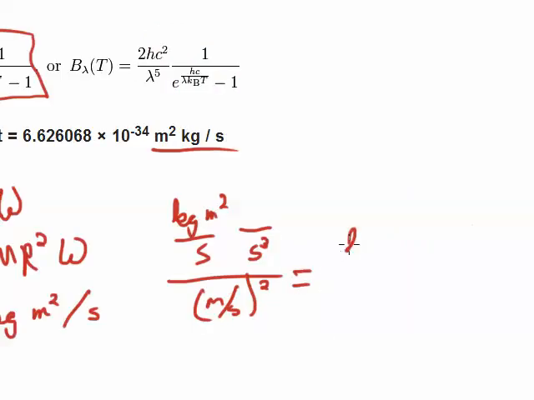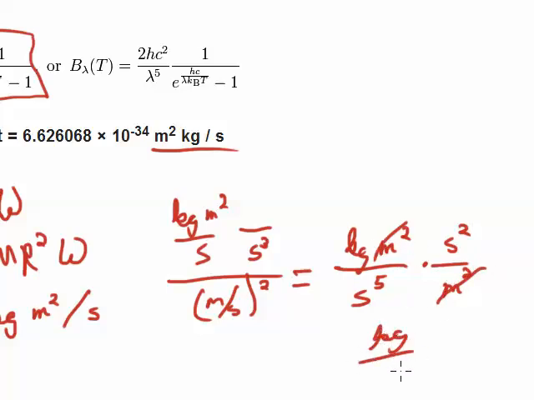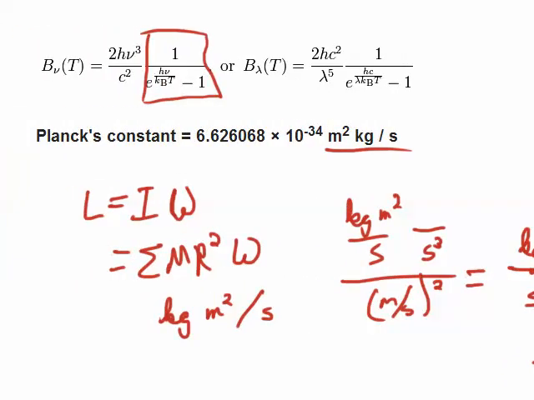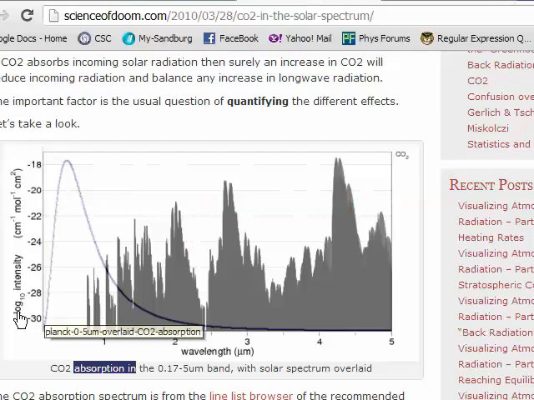So that is kilogram meters squared per second to the fifth times, and I'll just take the reciprocal of this, second squared over meters squared, cancel those out, and we have kilograms per second cubed. Okay, that's weird. Not quite physically intuitive, is it? Kilograms per second cubed. And they've got the log base 10 of the intensity in centimeters per mole.